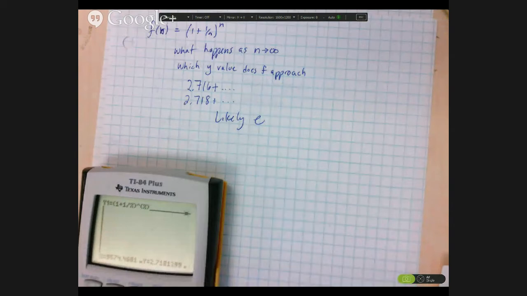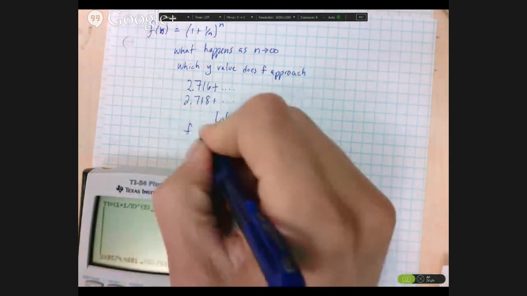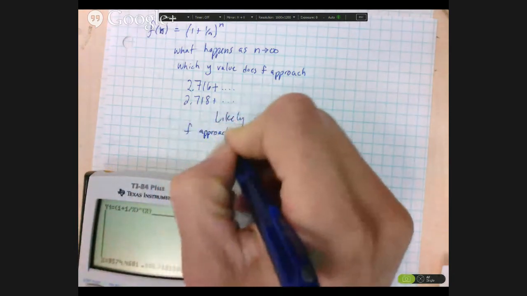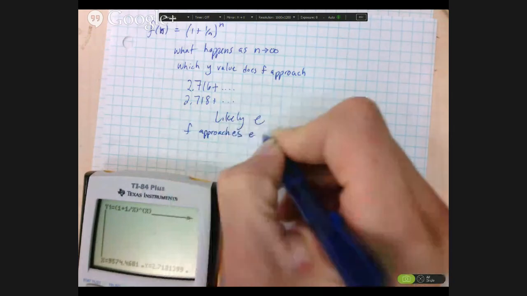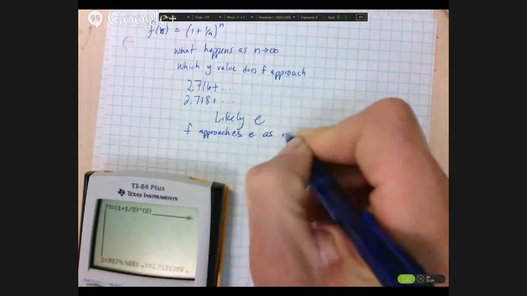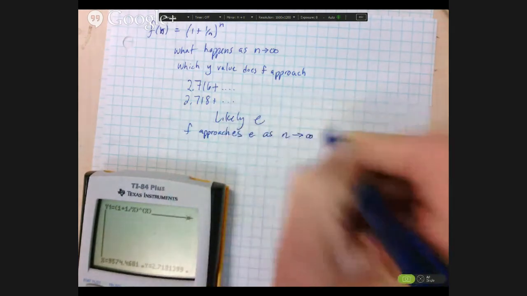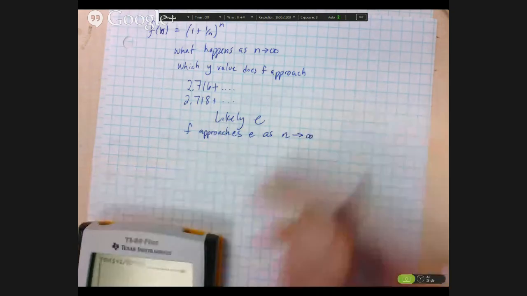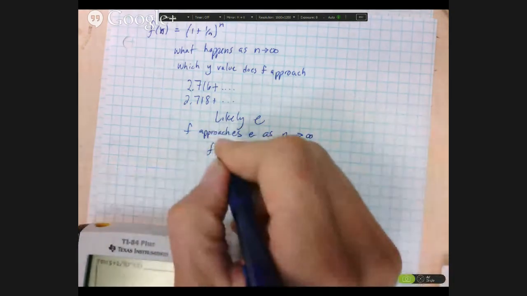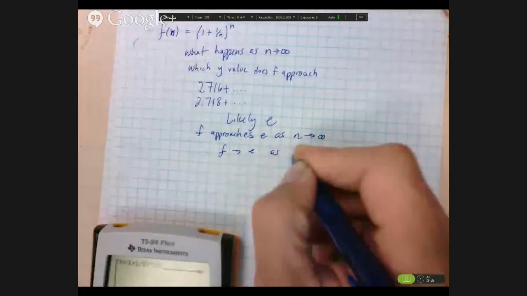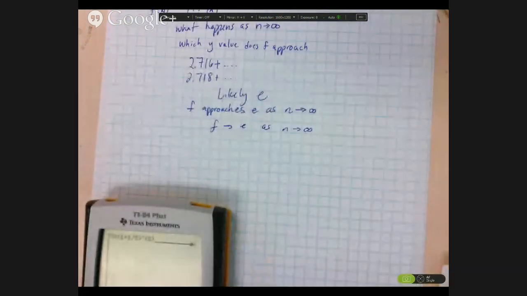Did that one follow? Okay, so we would write f approaches e as n approaches infinity. If you want to write it mathematically, there you go: f goes to e as n goes to infinity.